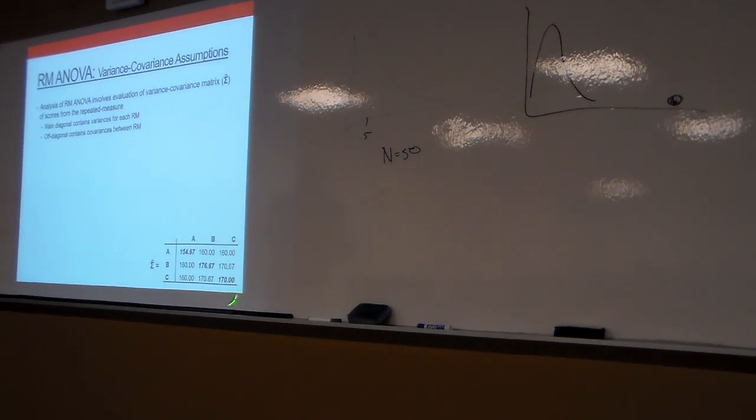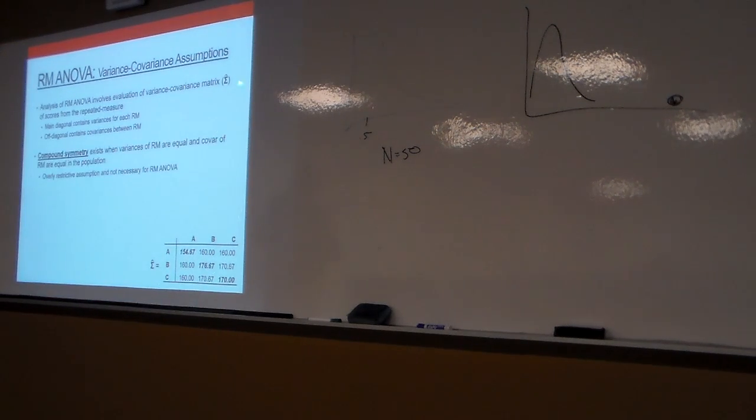If we look down here, what we've got is a variance covariance matrix for relation and variability in assessment A, assessment B, and assessment C. So on the main diagonal, you have the variance of scores at time A, variance of scores at time B, variance of scores at time C. On the off diagonal, these are your covariances, right? This is just your raw metric of the extent to which A and B vary together, A and C vary together, B and C vary together.